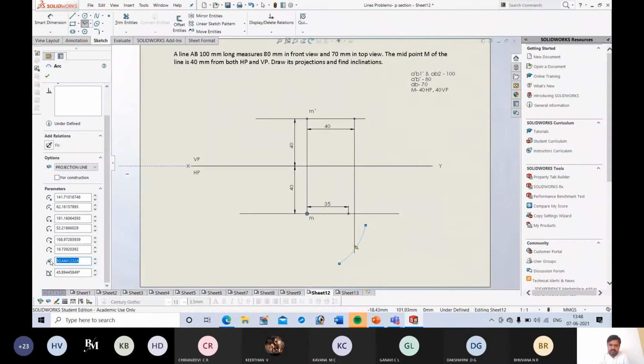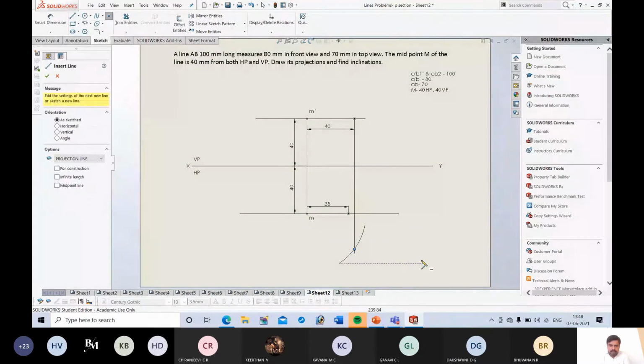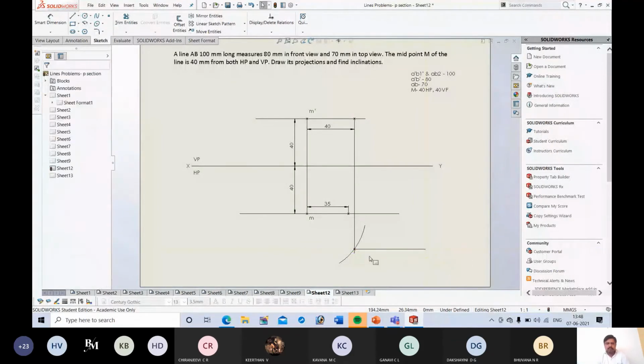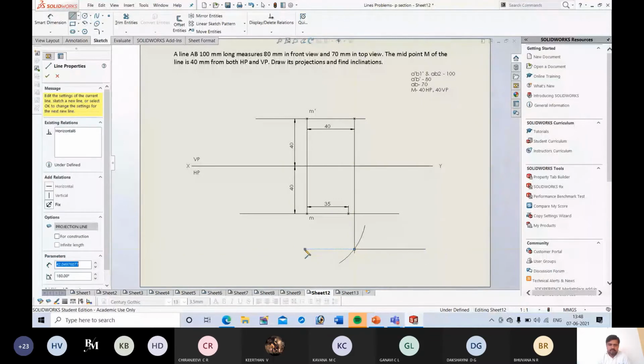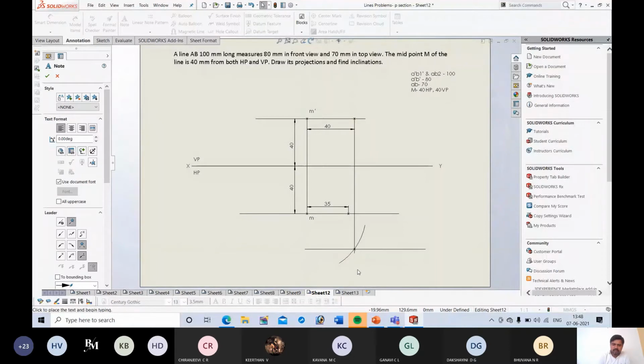This will cut the vertical line. Take this point and draw the locus. This is the locus of B. I am considering half portion M to B. So this is B2. This is a true length line, that's why the point is B2.